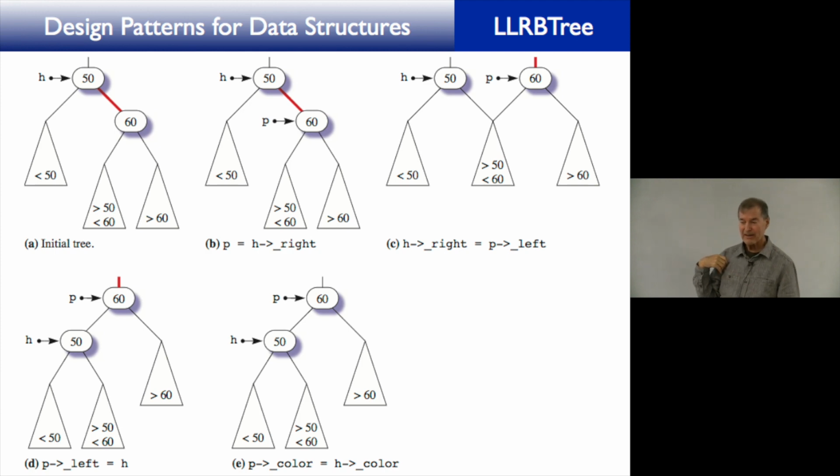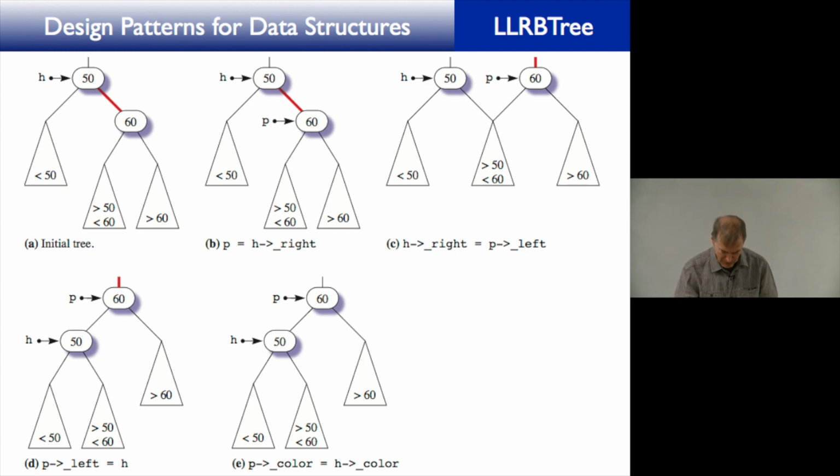It might be red in the course of either inserting or removing, and therefore would have to be fixed up. It's the same question that Xander had. So the code makes sure that the rules are followed in the end. All right, is everybody good?